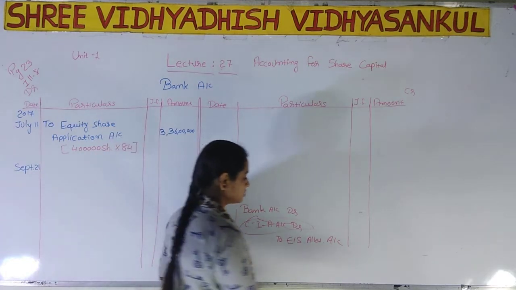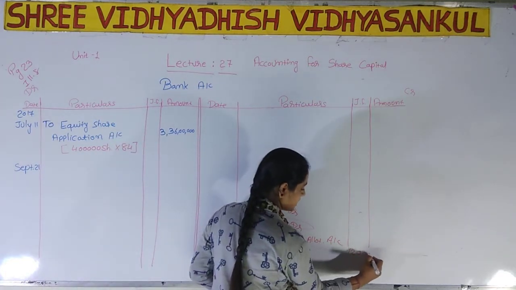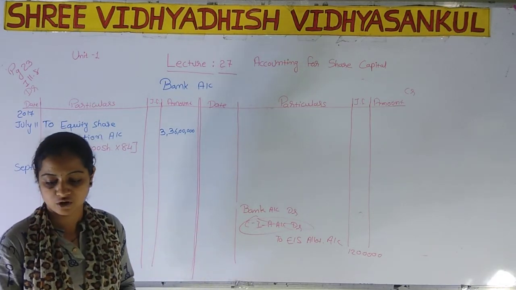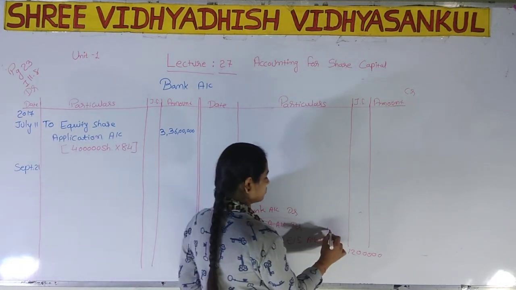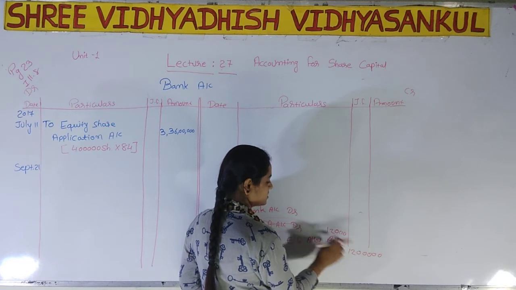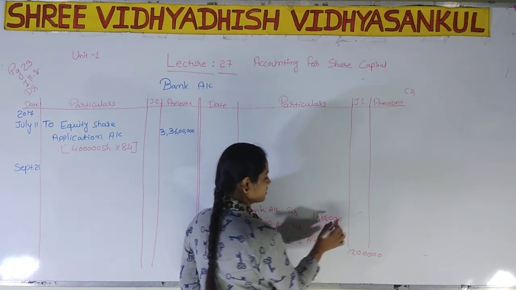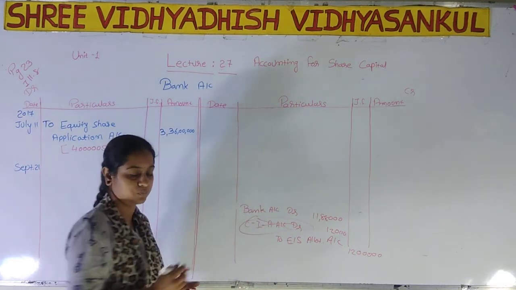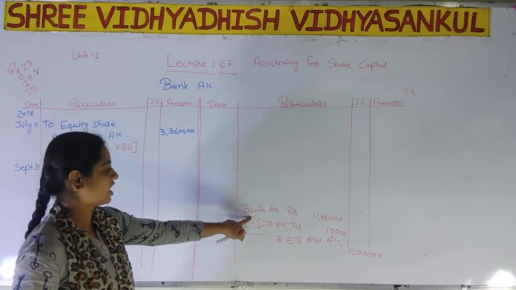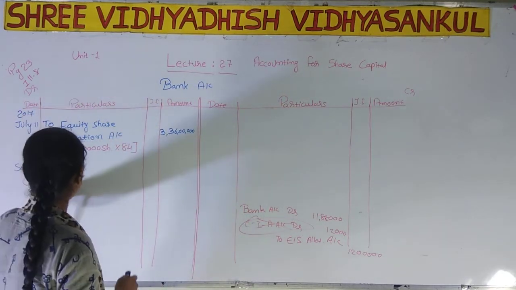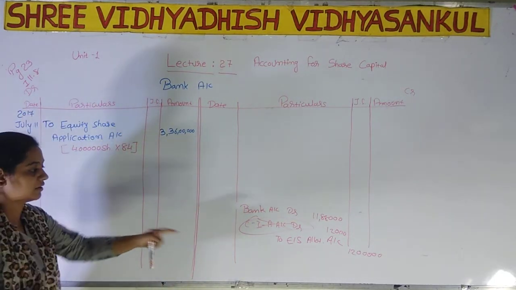See, on allotment we have total demanded 12 lakh rupees, right? On this we have not received 12,000 rupees. That means what amount we have received? 11 lakh 88,000. That we have to write here, right? So in bank account, here the bank account is debited. So in bank account on debit side we have to write the name of credit.